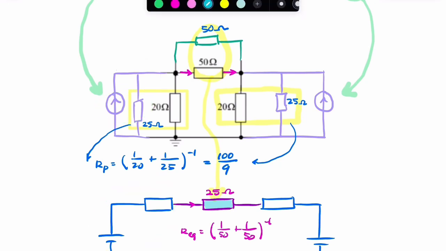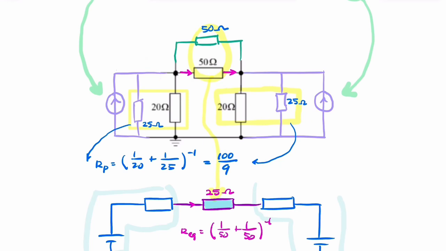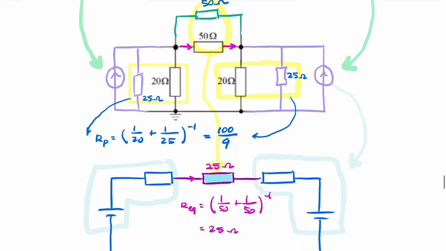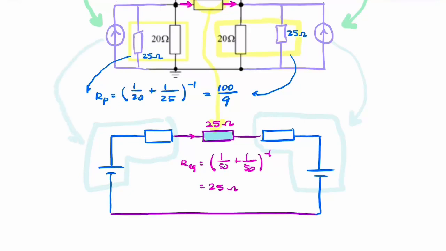Now the reason I'm doing that, so this is my voltage source and this is another voltage source, is so that we now have series resistances, and you now have a simple circuit that you can either just apply Ohm's law or maybe a simple application of Kirchhoff's voltage law. So I'm going to quickly convert the sources again.